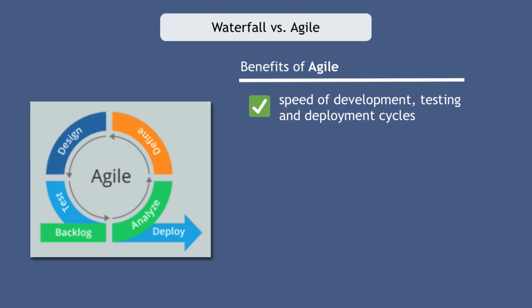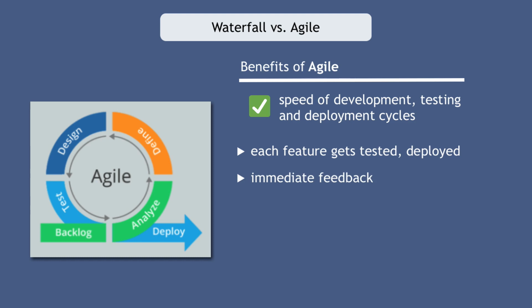So instead of waiting to develop the whole application start to finish by checking off each feature and bug fix and so on, each new feature gets tested and deployed, and there's immediate feedback if there is some bug in that feature or if the deployment doesn't work, etc.